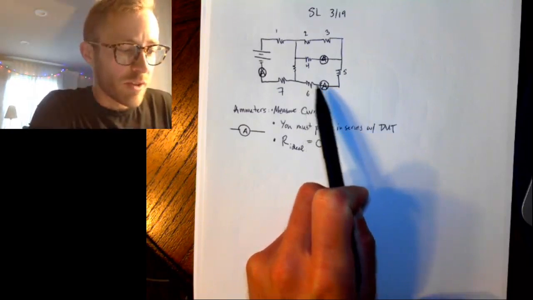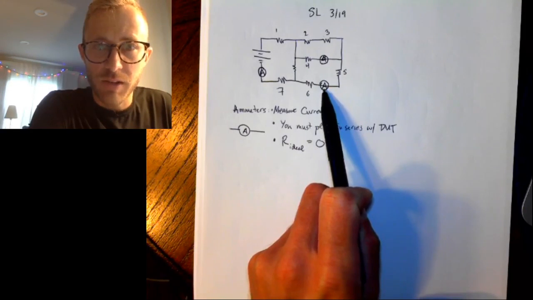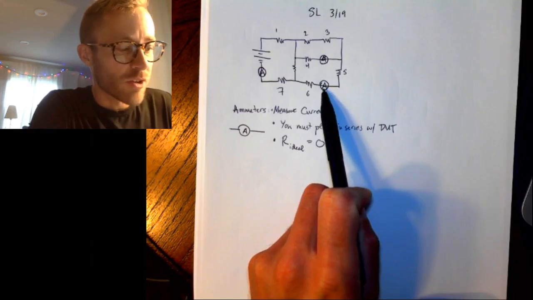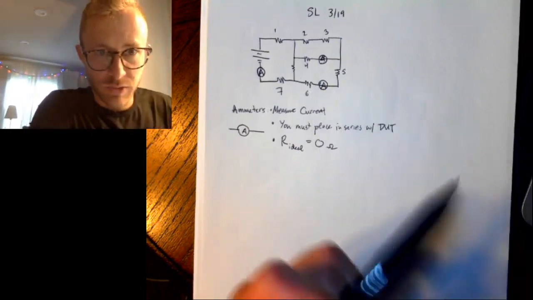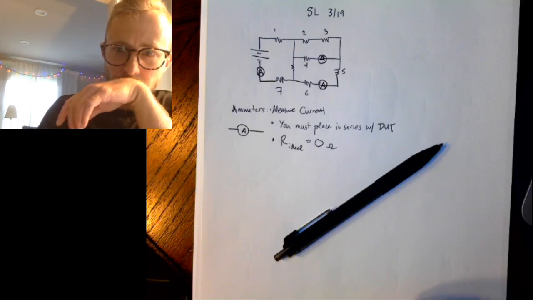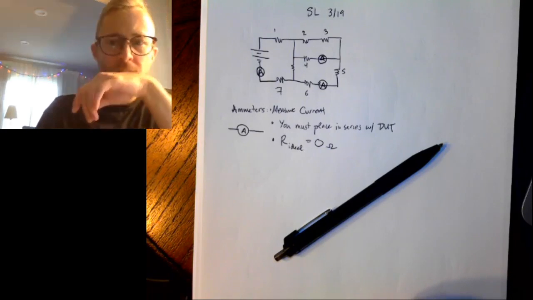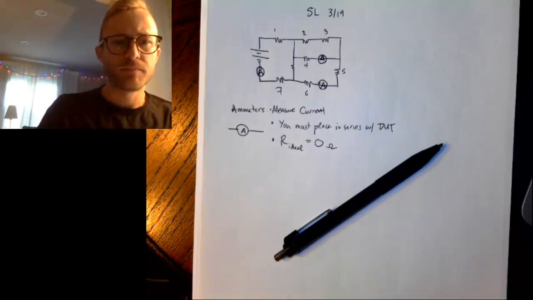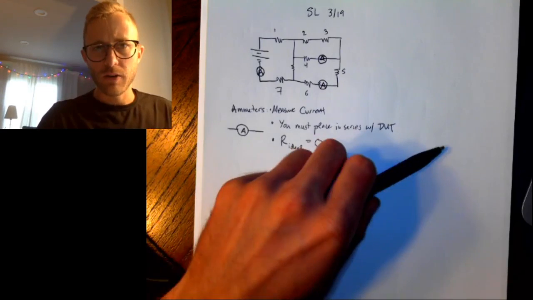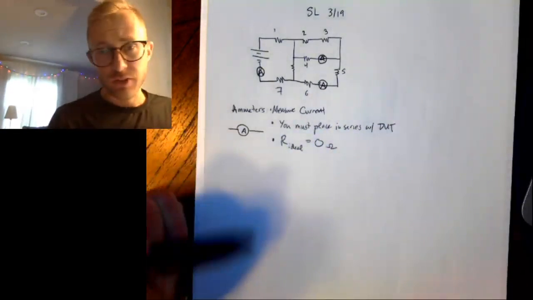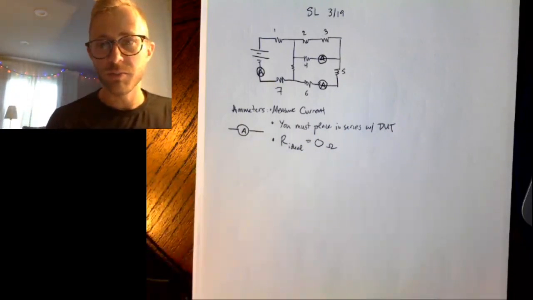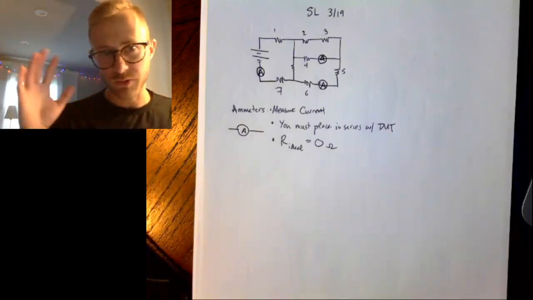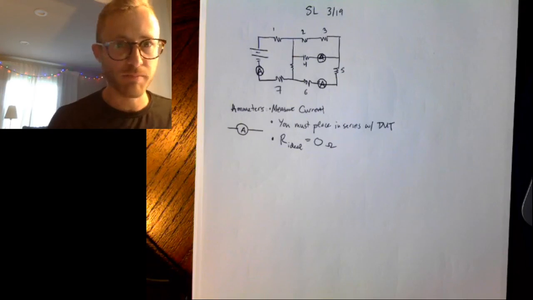So, for example, if this ammeter had resistance, it would mean less current is going to get to resistor 6 because it's adding to the resistance. Okay, so that's just a fact that sometimes the IB exam asks you, it might be an easy multiple choice question. What's the resistance of an ideal ammeter?